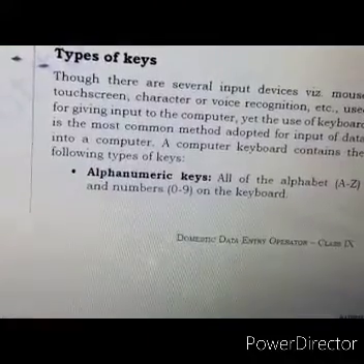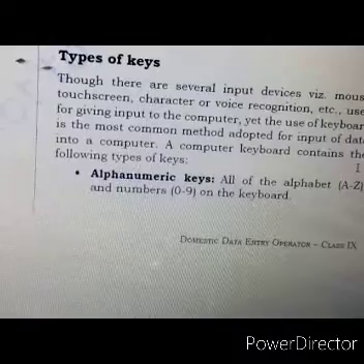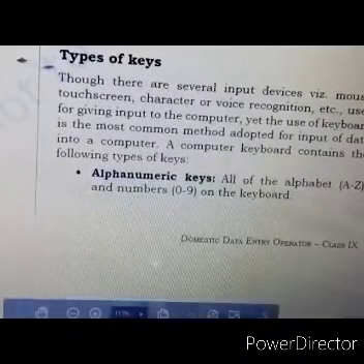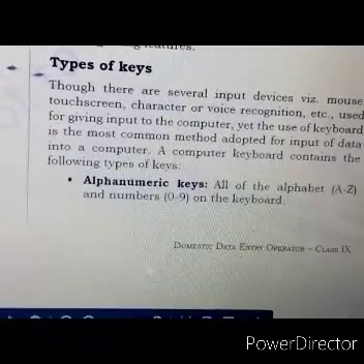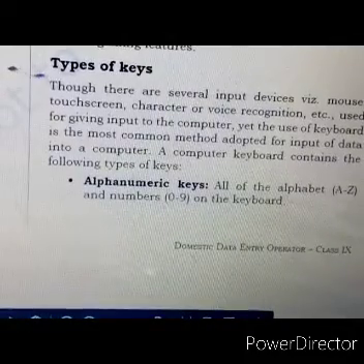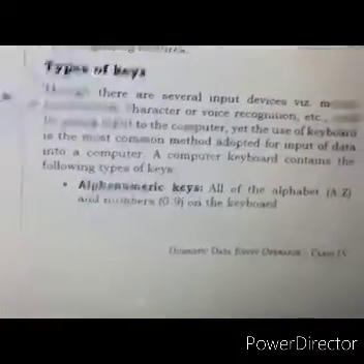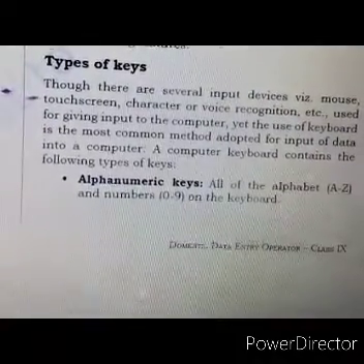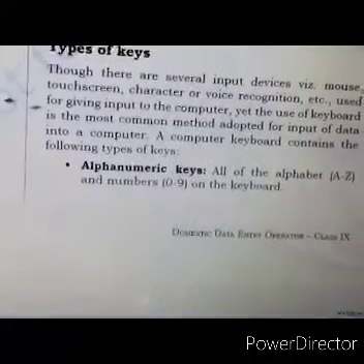The very first thing we should know is the types of keys which are present in our keyboard. When you are using your keyboard, the very first common keys which we all are using are A, B, C, D, like that. Those keys are known as alphanumeric keys, that is A to Z, and there are also numbers, that is 0 to 9.